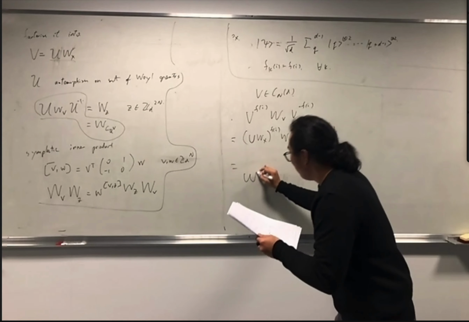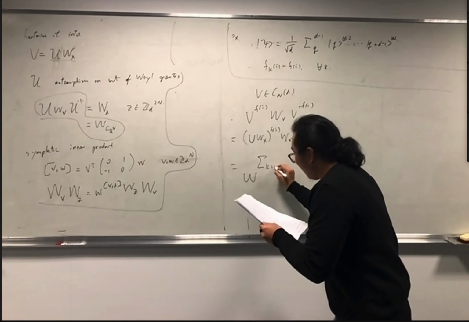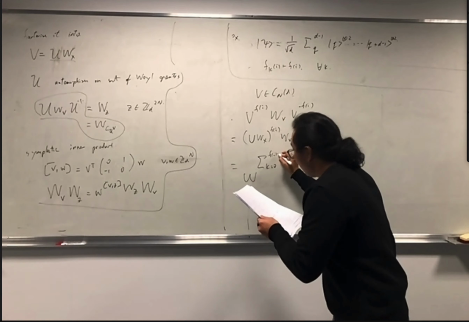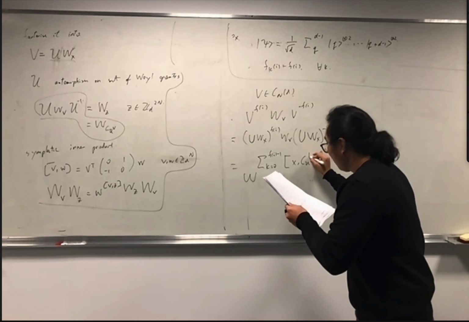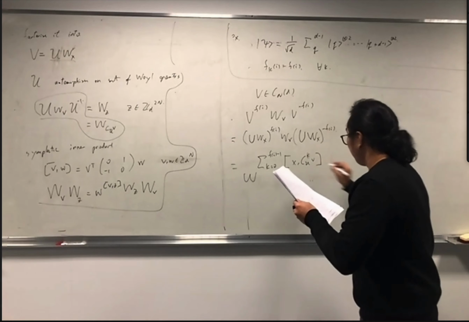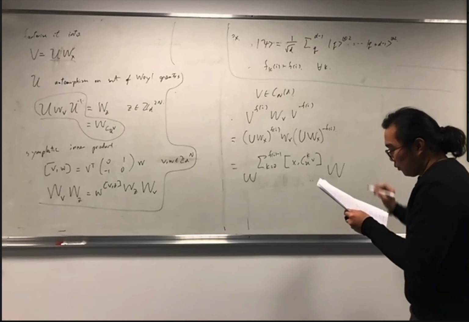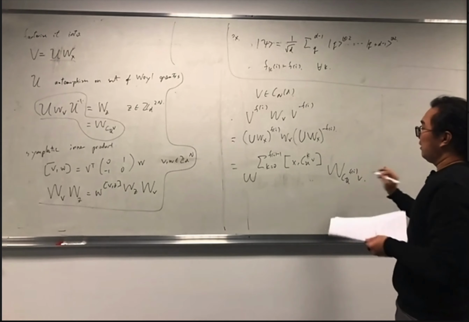You have some omega, the sum over k from 0 to phi minus 1, the symplectic, k here, with the Weyl operation, v.